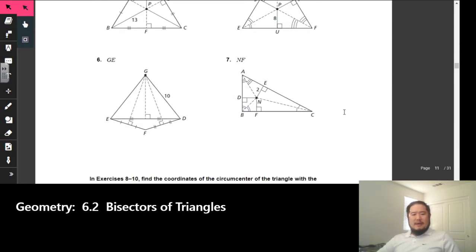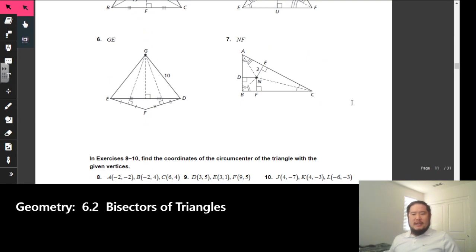Let's look next up at number 6. We look at G to E. What's going on here? Look at where point G is. It actually has to be all the way on the outside of the triangle.